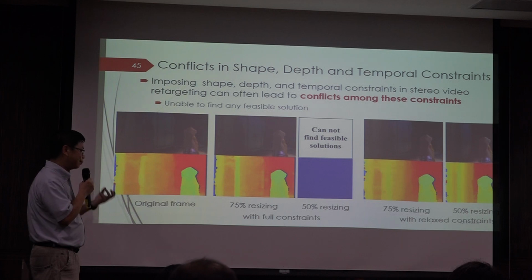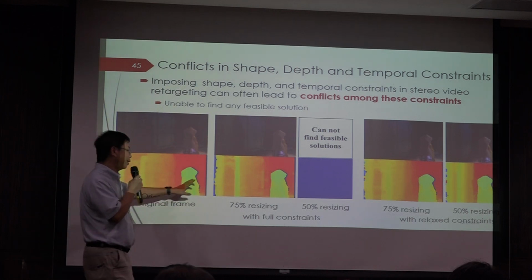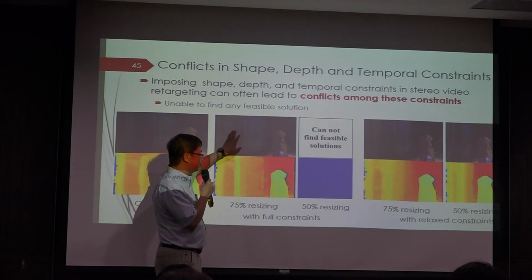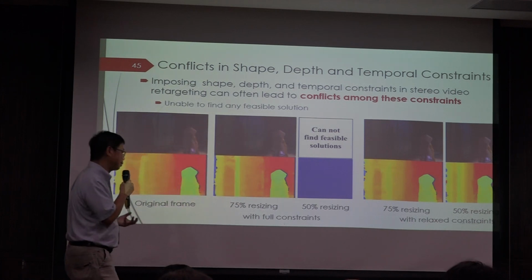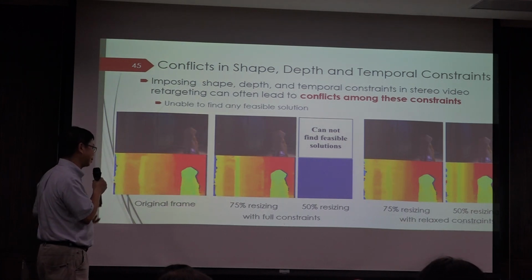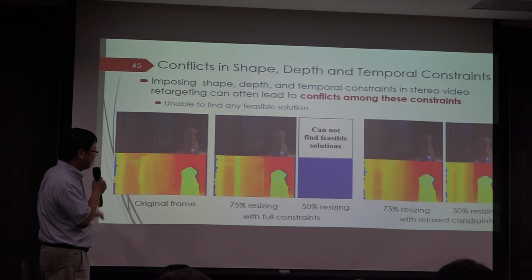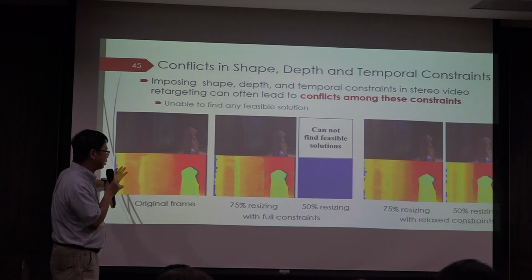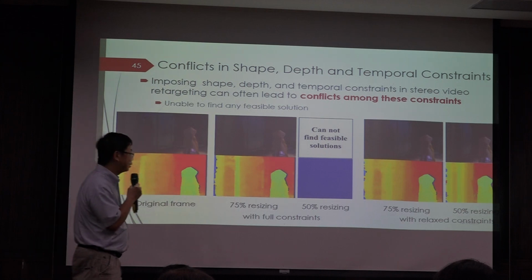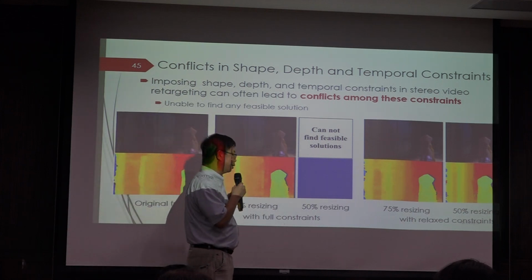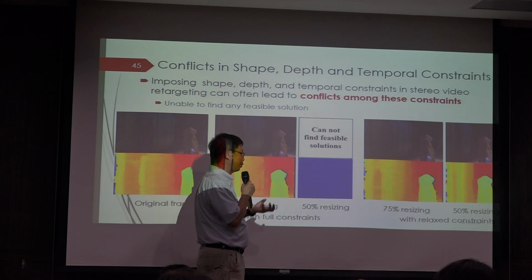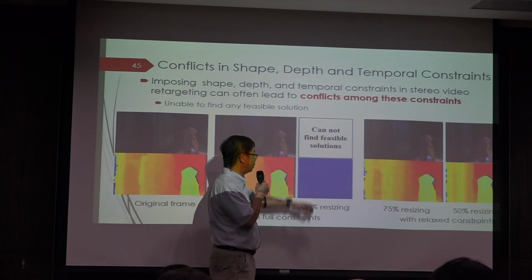with so many constraints, we can still find feasible solutions such that we can optimize the visual quality of the retargeted video. But if we would like to reduce the size of the video to 50% of its original size, then the resource of the non-salient background will become very limited.